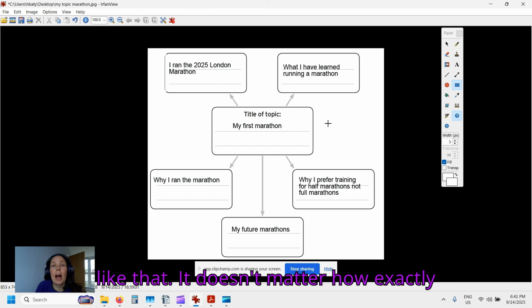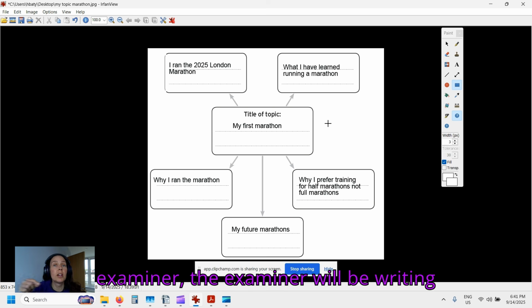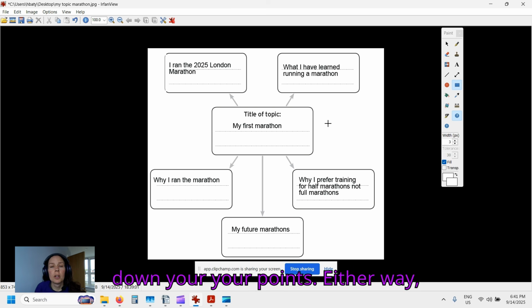It doesn't matter how exactly you say that point, except that you are saying each point clearly, because if you are doing it online the examiner will be writing down your points. Either way, in person or on the computer, you just need to list your topic and your 5 subpoints.